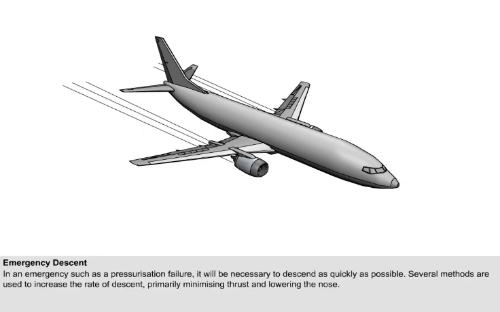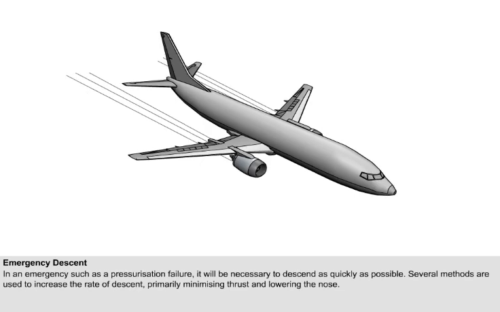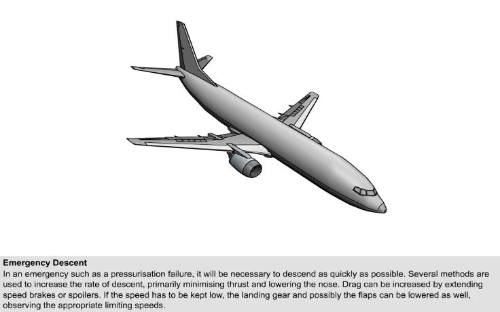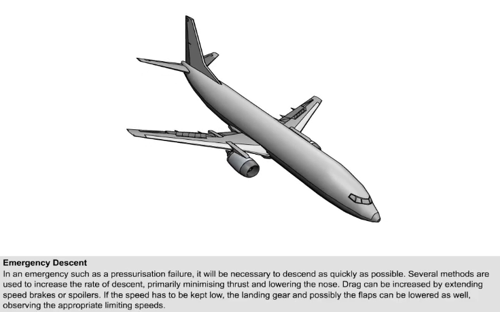The first action would normally be to close the throttles to minimize thrust and simultaneously lower the nose to initiate the descent. Drag can be increased by extending speed brakes or spoilers, and if the speed has to be kept low, say with structural failure or an unlatched door, the landing gear and possibly the flaps can be lowered as well, observing the appropriate limiting speeds.